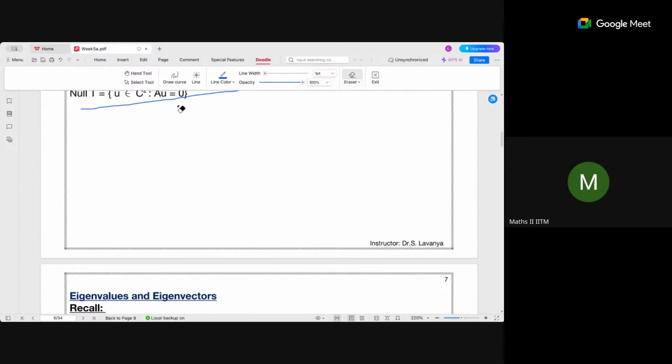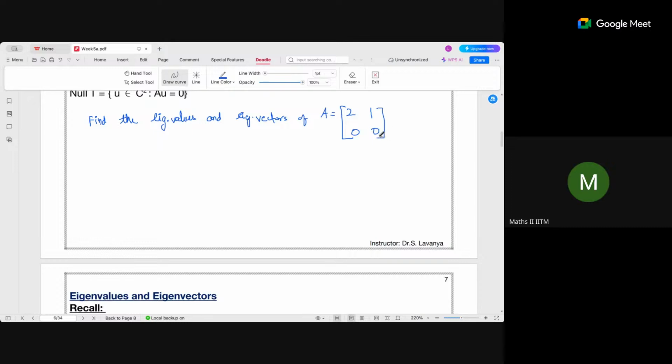Find the eigenvalues and eigenvectors of A equal to 2, 1, 0, 0.